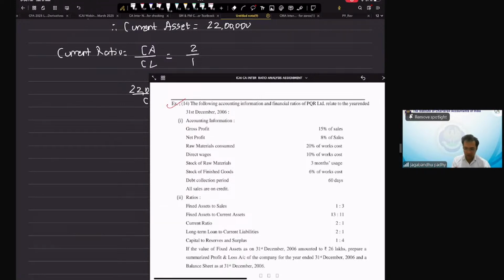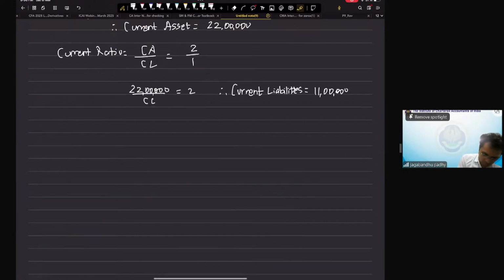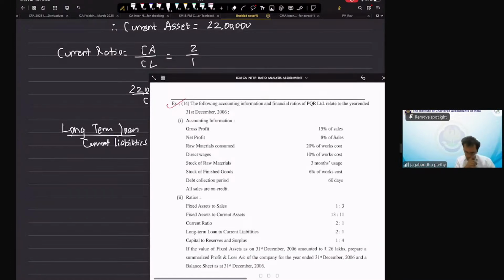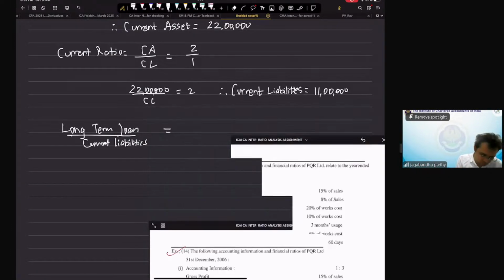Then long-term loan to current liabilities ratio is given. From this, we can get the amount of long-term loan. Long-term loan to current liabilities is 2 is to 1.